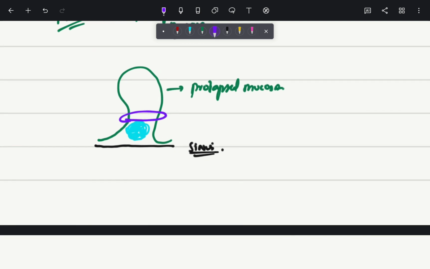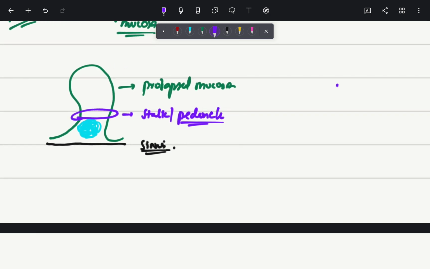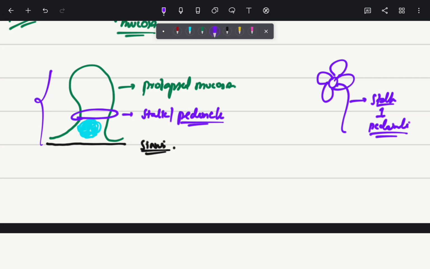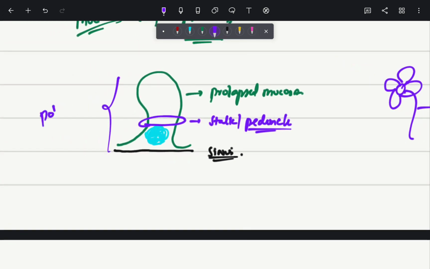For this prolapsed mucosa there is a stalk present, or simply we can call this the peduncle. It is similar to a flower. Usually flowers have a stalk, right? This stalk is called your peduncle. So this entire thing here is called your polyp.